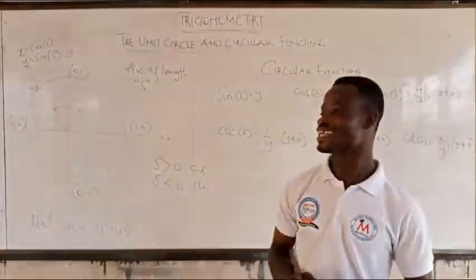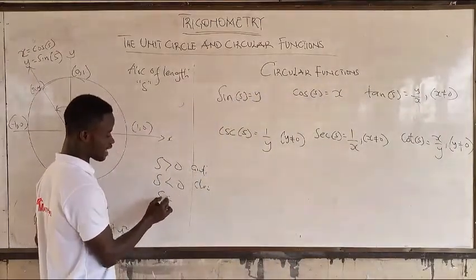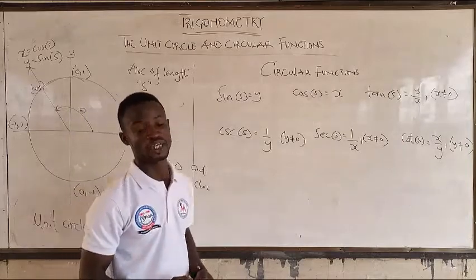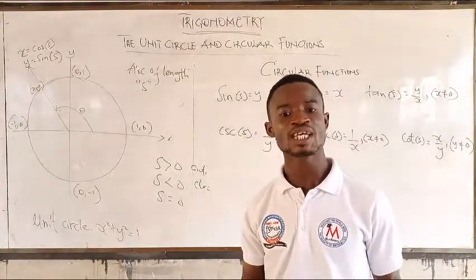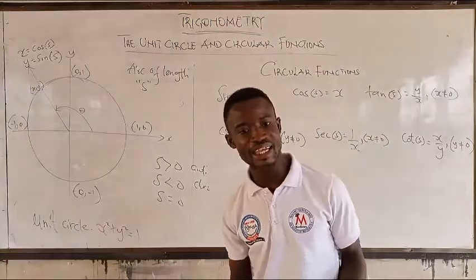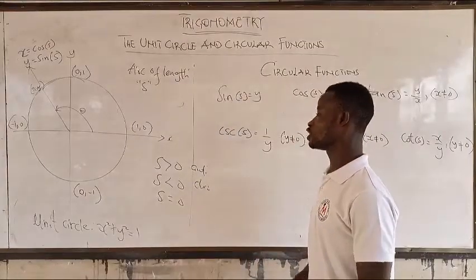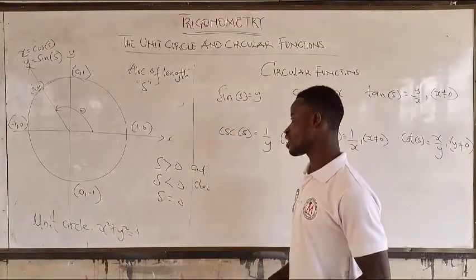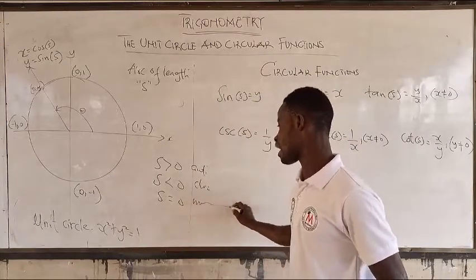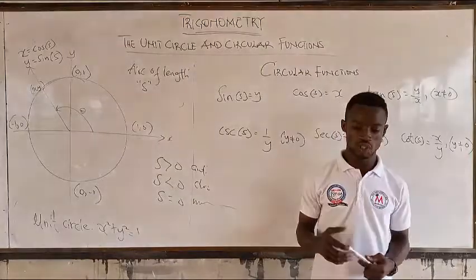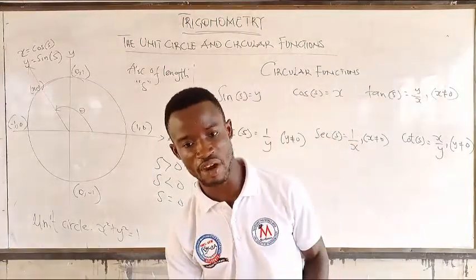Very good. Now, what if the arc length is equal to 0? We all know that if the arc length is equal to 0, then no arc is measured. There is no arc, that is, there will be no angle for that. Very good.